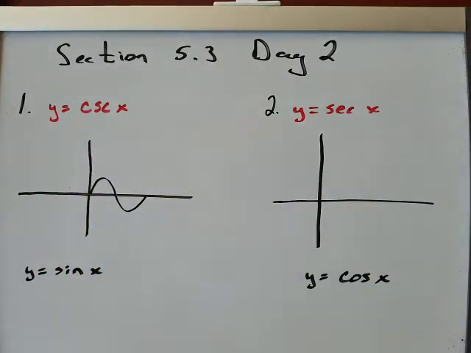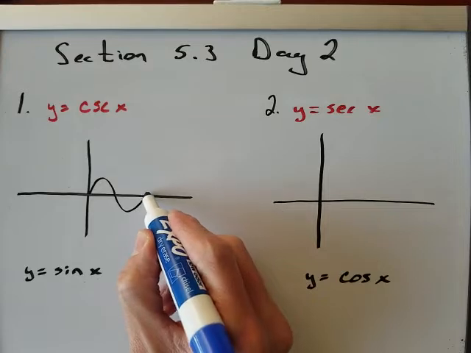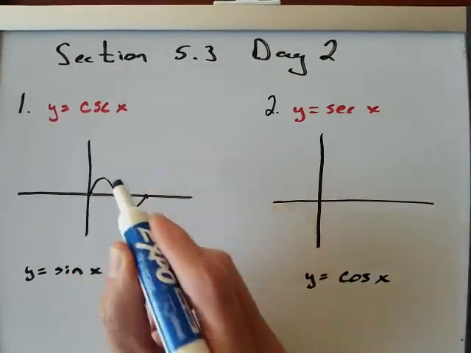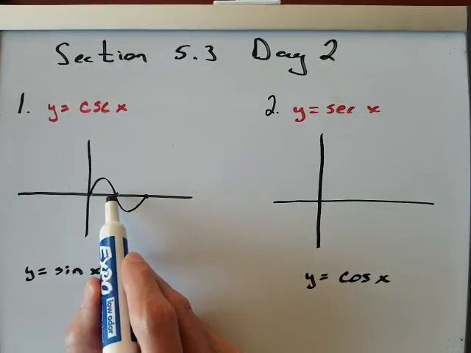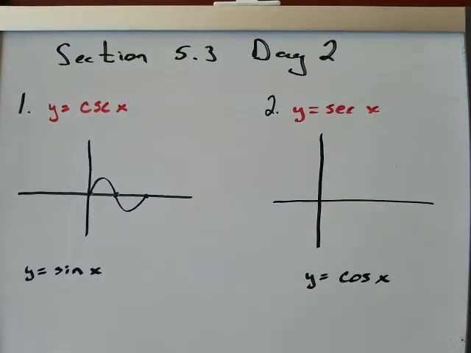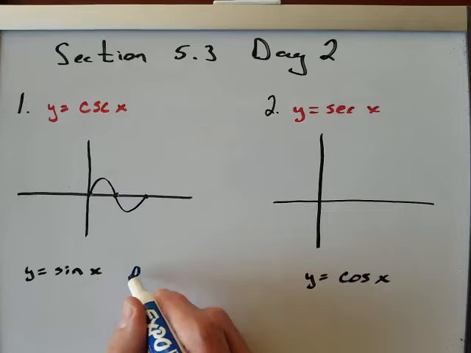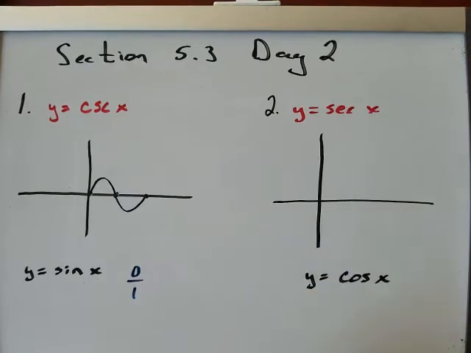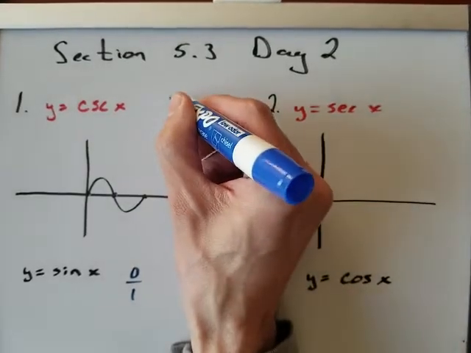Number one, what we are going to do is spring out of the graph of sine x and just use a couple of key values. First of all, right here and right here, which would end up being 0, pi, and 2 pi, 0, 180, and 360. That's where sine is equal to 0. Now, if you think about it, sine is 0, and you can write any number over 1. When you do its reciprocal, it would be 1 over 0.